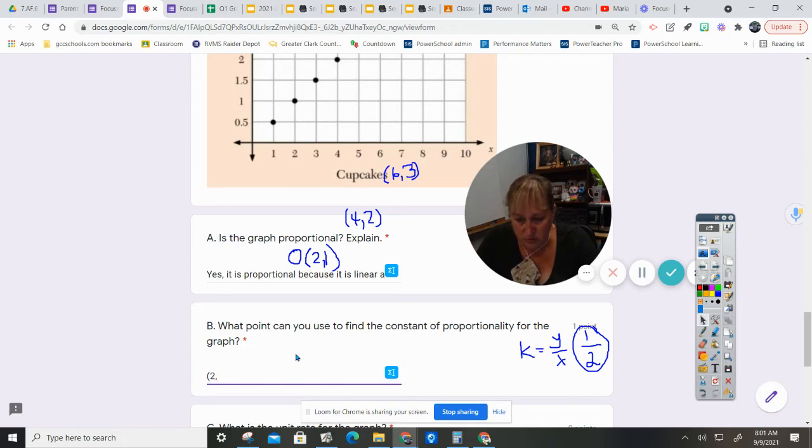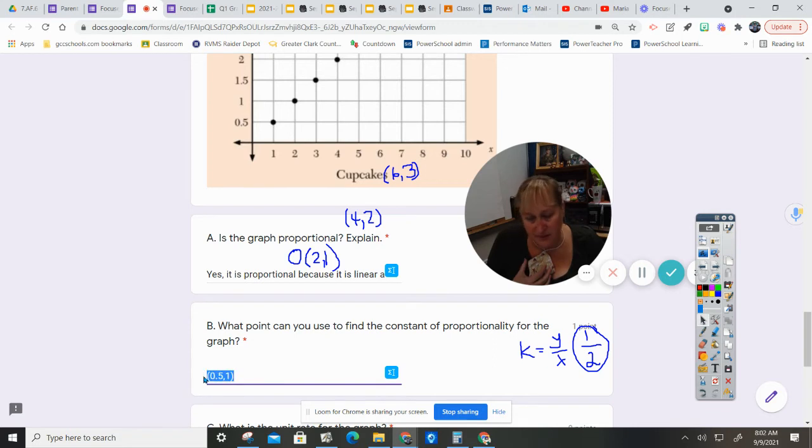You could also, I could drive, type. 2, 1, that'll work. Another easy one would be 1, 0.5. So I'll type that one as well, 0.5, 1, because at some point I told you guys to always look for the ones.